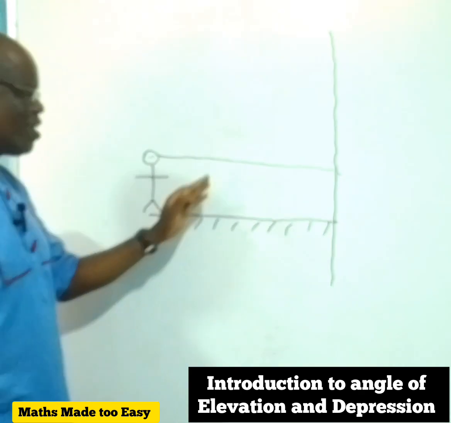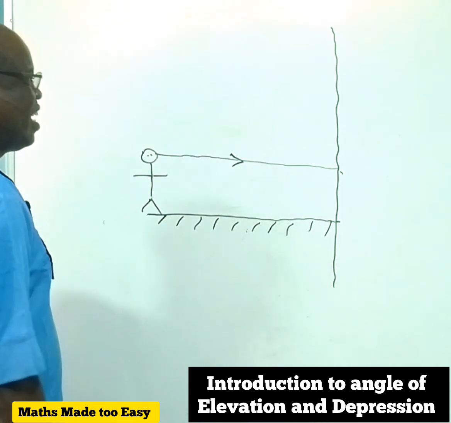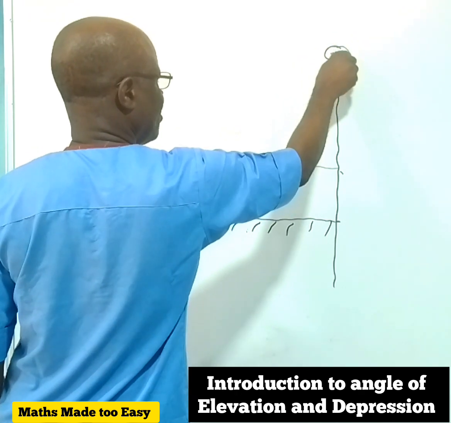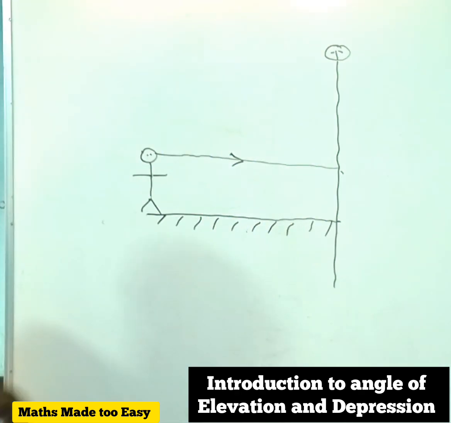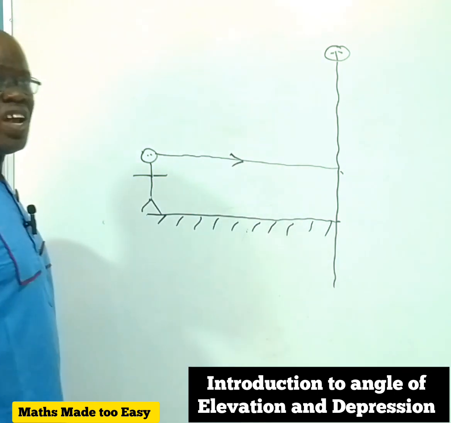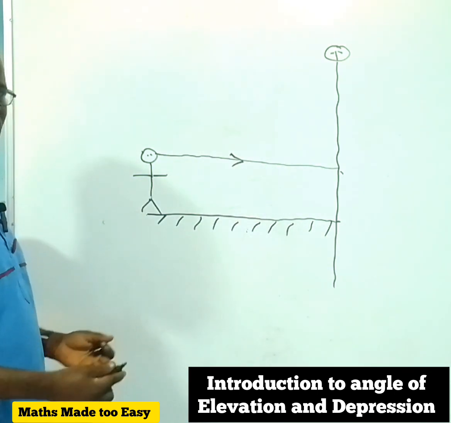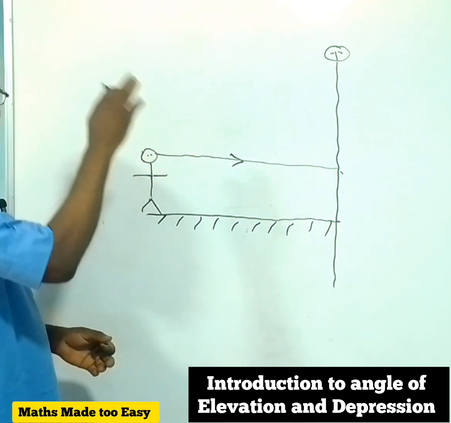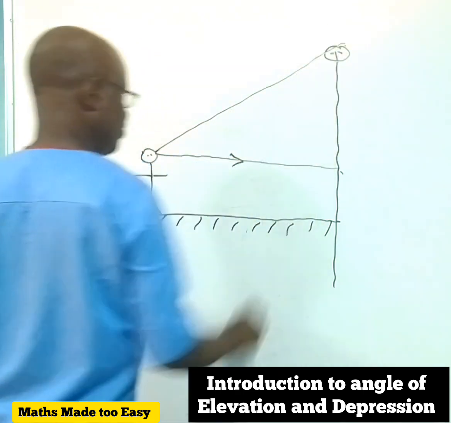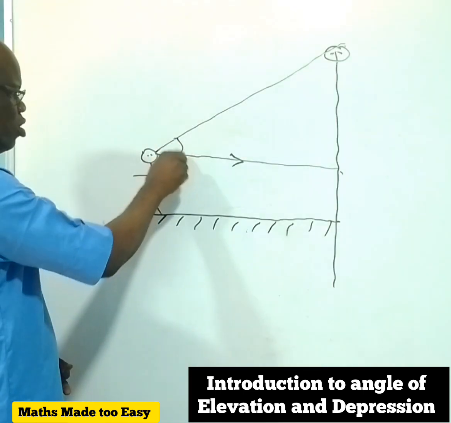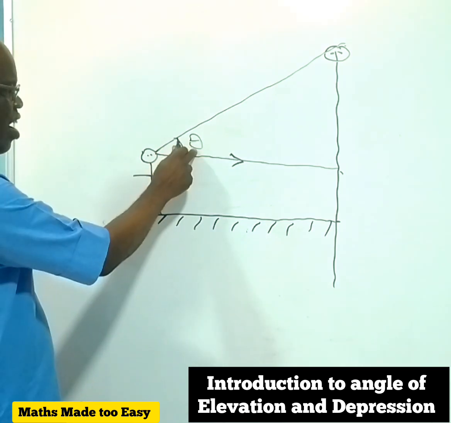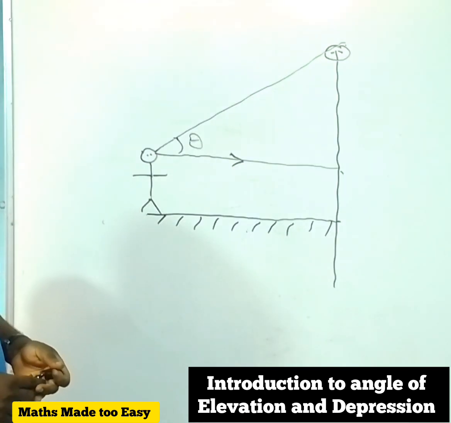So let's say this is a straight line. And all of a sudden, there appears a cat that is here. The boy perceived that there is a cat at a particular height, and he wanted to see what was going on. Of course, he will lift his eye so that he can see the cat. So this angle that he made as he looked up is referred to as angle of elevation.